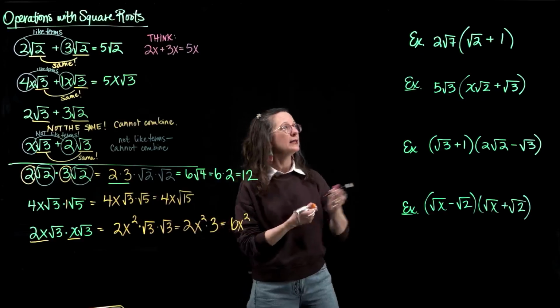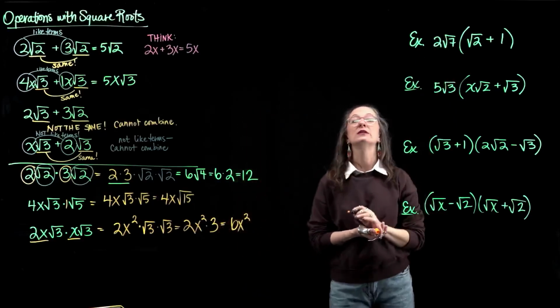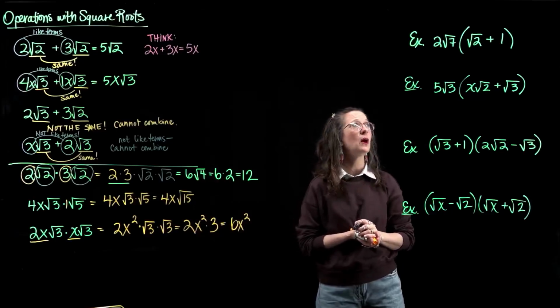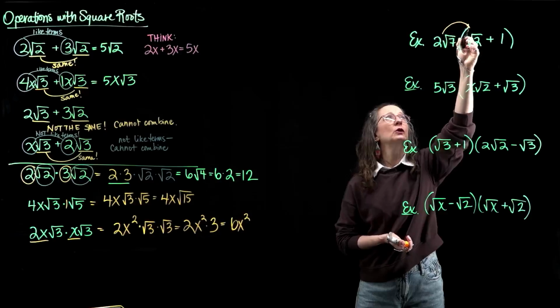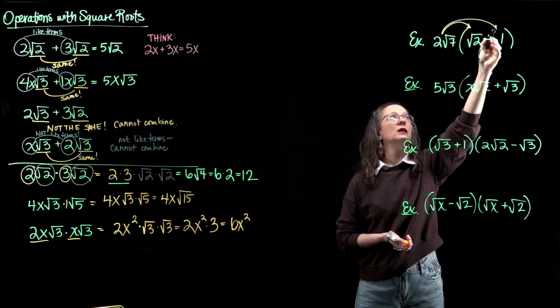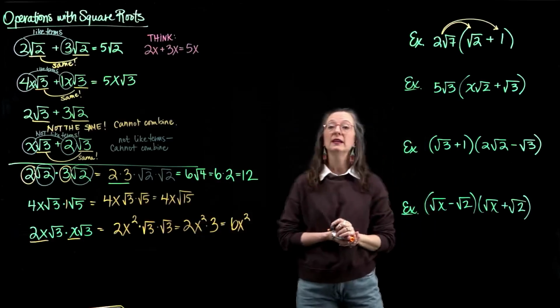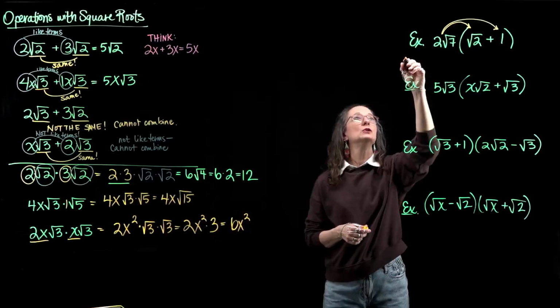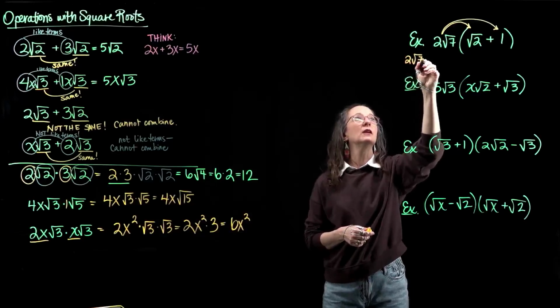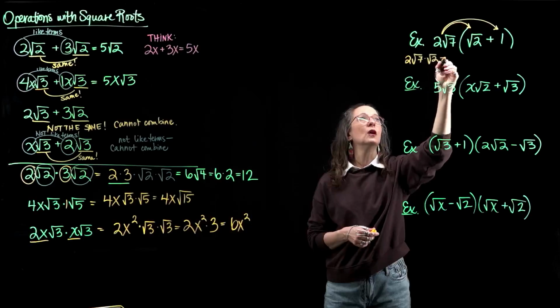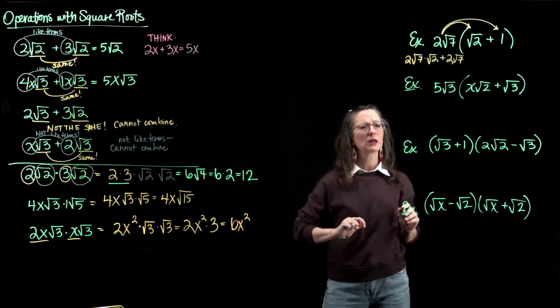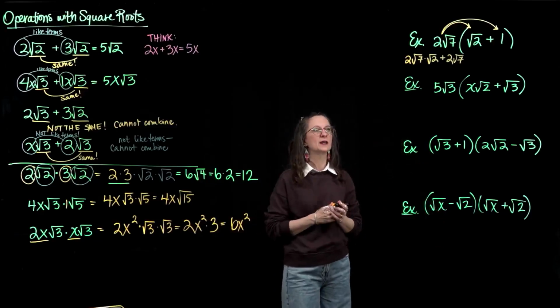So when I see this 2 square root of 7 multiplied by parentheses square root of 2 plus 1, I want to distribute 2 square root of 7 times both things inside the parentheses. So this would be 2 square root of 7 times square root of 2 plus 2 square root of 7 times 1. I'm not going to write that 1, but we know it's there.